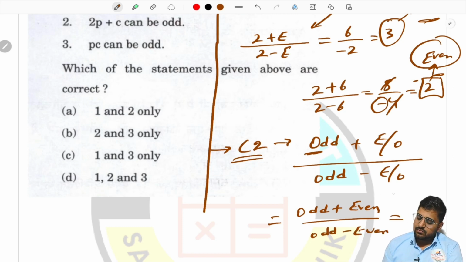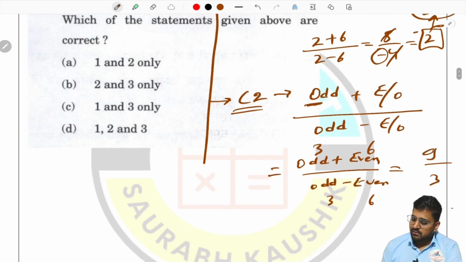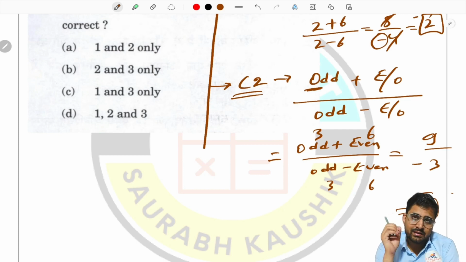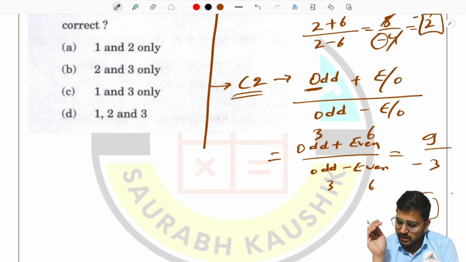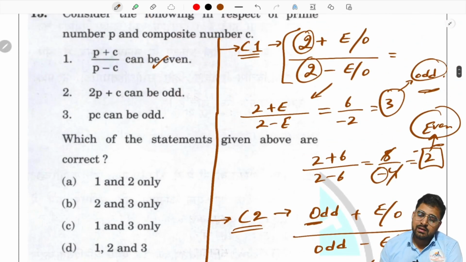In this scenario, for example, this is odd, 3, and this is even, for example 6. It becomes 9 here and you have 3 here, which will give you 3. If you forget the sign here, the number could be anything. I am just giving you the concept. 3, which is odd. Okay, he is asking even.